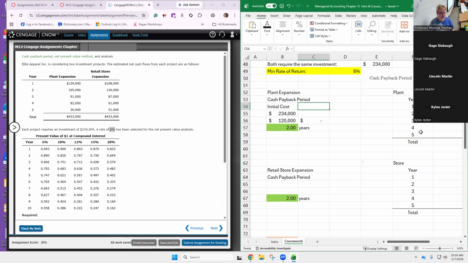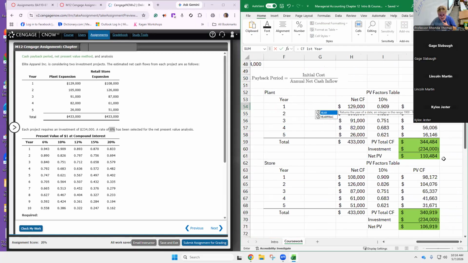So unfortunately, because the cash flows we were given weren't the same every year, we're just going to have to go year by year until the initial cost is zero. All right, so that's what I'm going to do. So I got my initial cost here, my first year, right? So I'm going to subtract the first year, cash flow first year. All right. And this is the cash flow, not the present value of the cash flow.